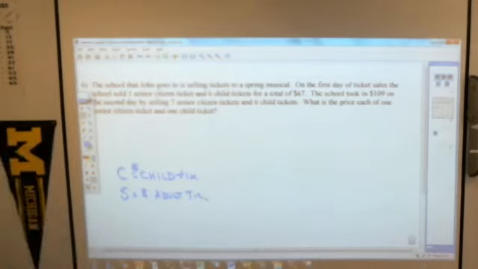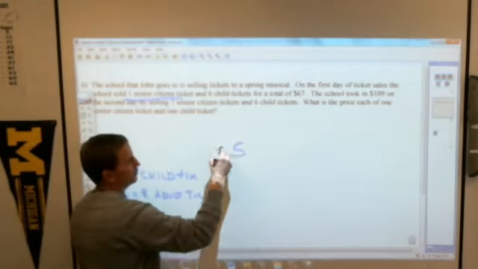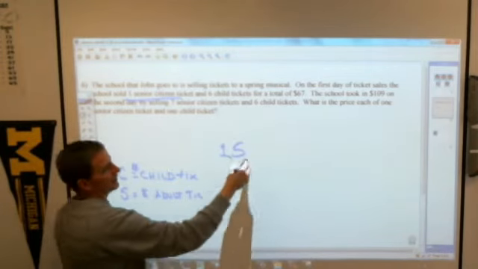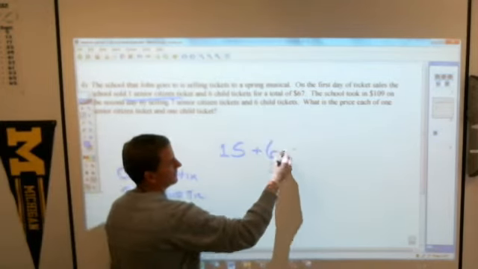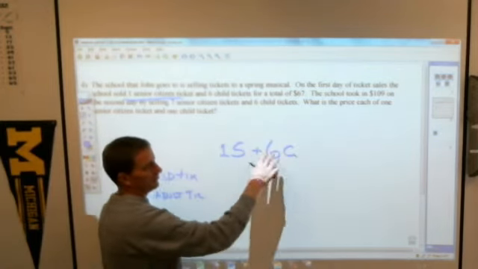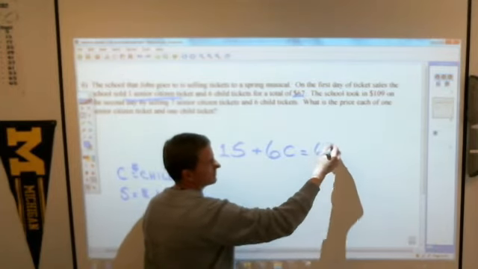And then here comes my equation. On the first day, how many senior citizen, how many child tickets? I sold 1 senior citizen, so you can put a 1 there, you don't need it. And how many child tickets? 6. If I add the amount of dollars for this to the amount of dollars for that, I ended up with $67.